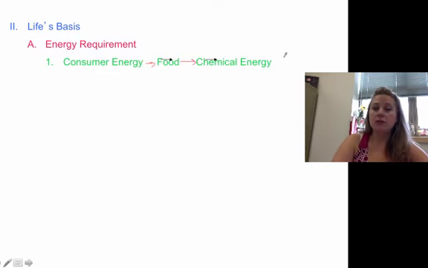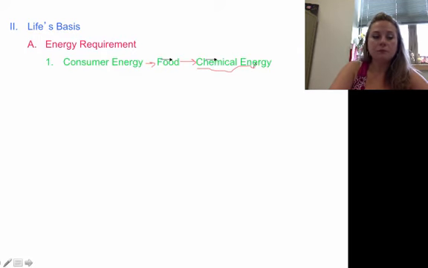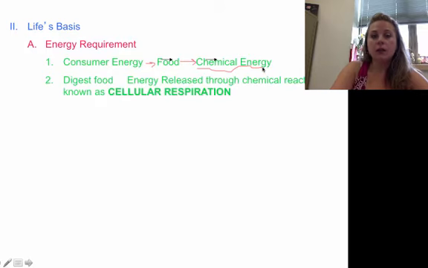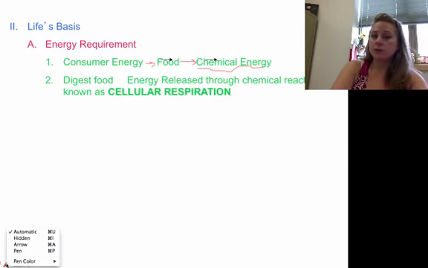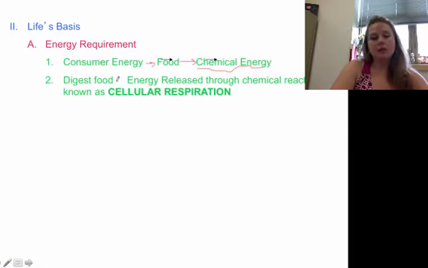So we have to be able to move that. And we digest our food in a process that releases this chemical energy known as cellular respiration. So we'll get to the basics of cellular respiration here as we work through and how that works.